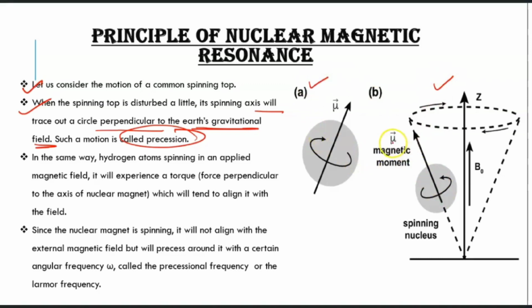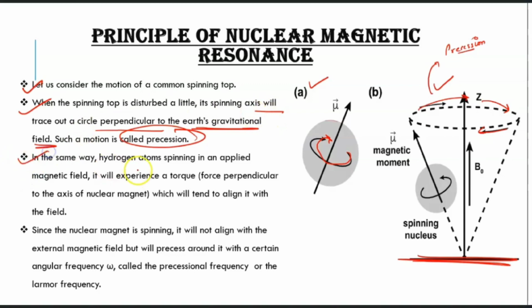What is happening is that, just like the spinning top, your spinning nucleus is revolving around its own axis in this particular direction, and it will trace out a circle perpendicular to the direction of the Earth's gravitational field, and therefore this motion is known as precession. And the frequency generated because of this is called the precessional frequency, which we will study ahead.